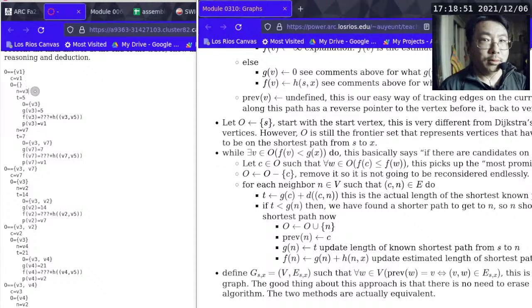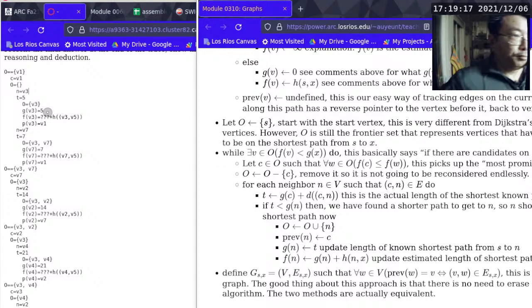And also, once we can establish the edges, we can also establish the distances, because I'm giving you the G values. The G values represent the length of the shortest path so far from the origin, where we start, to the vertex itself. And because that value is given to you, you will also know the value of the edges.